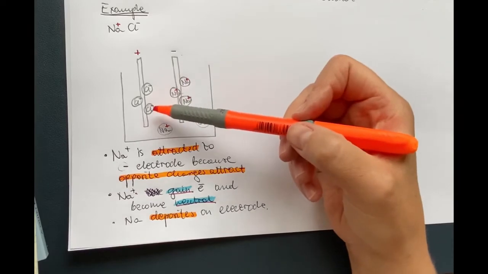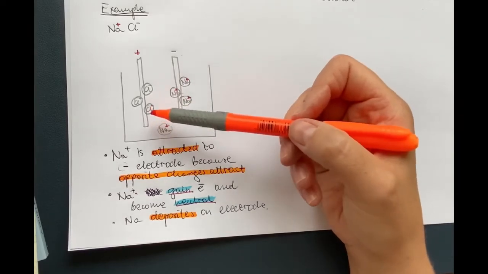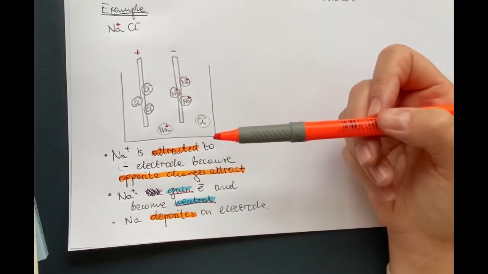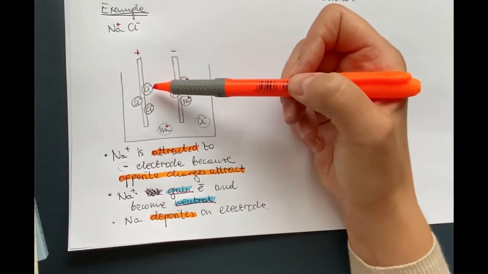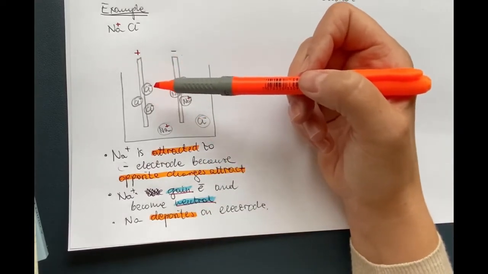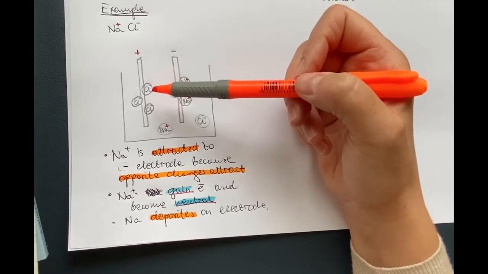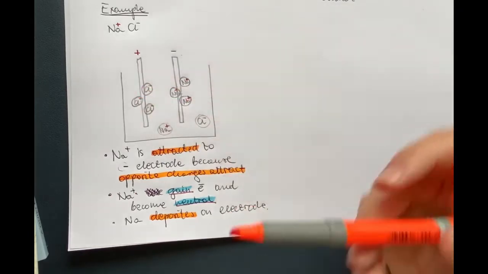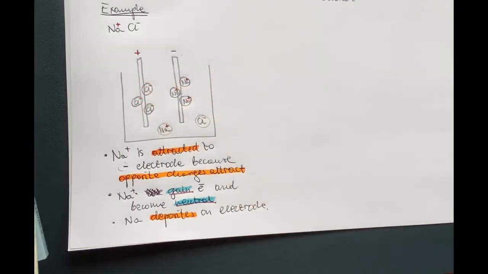Chloride ions are attracted to the positive electrode because opposite charges attract. Chloride ions will lose an electron to become neutral. Why lose? Think about this. A chlorine atom is neutral and it gains an electron to become negative, so it wants to go back to being neutral.